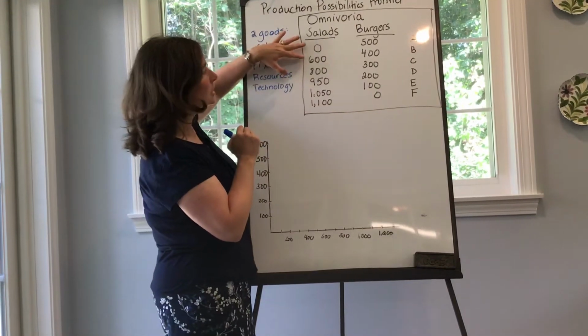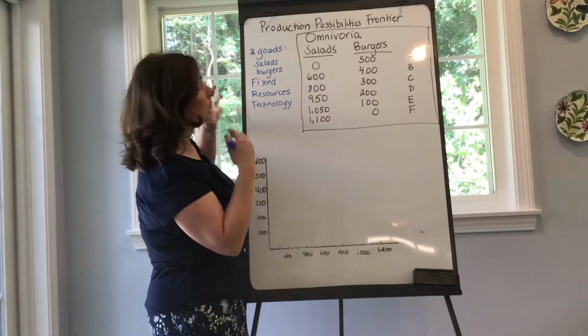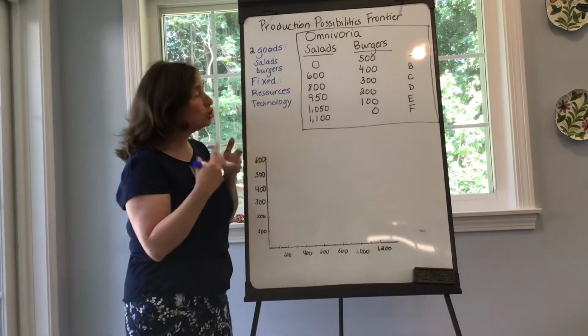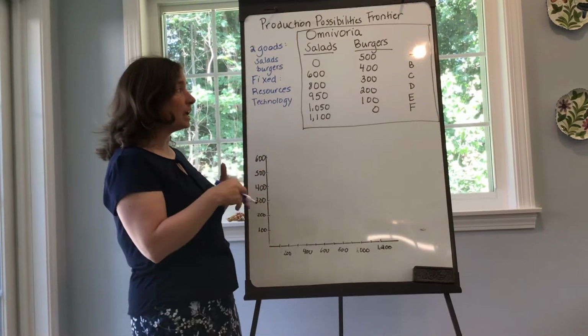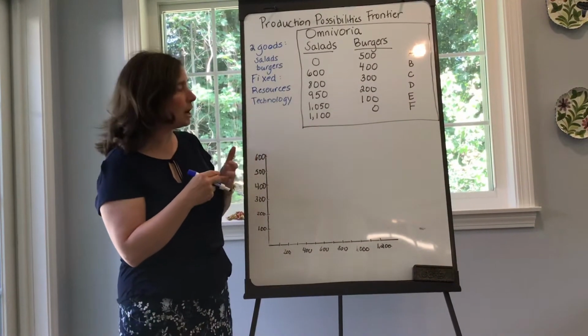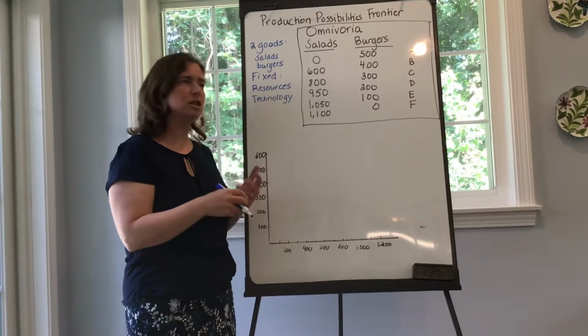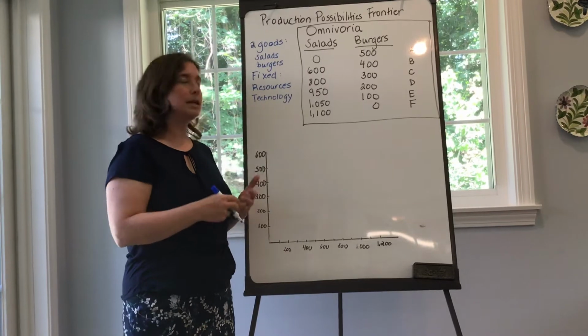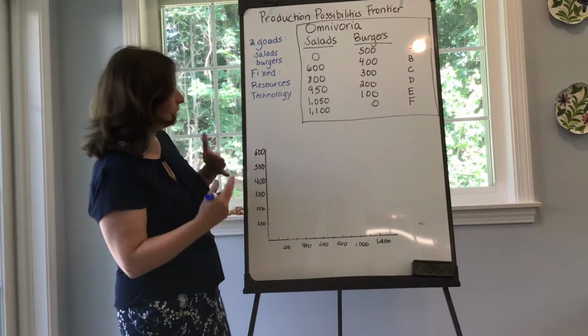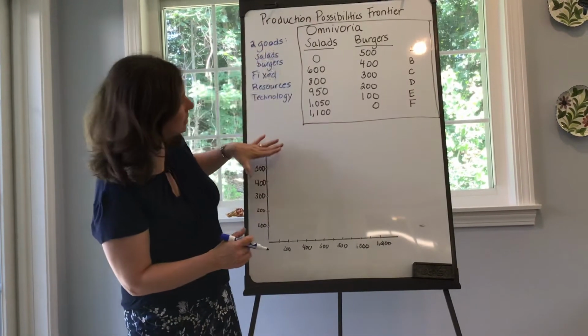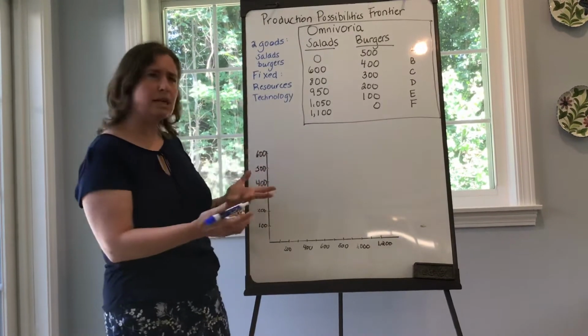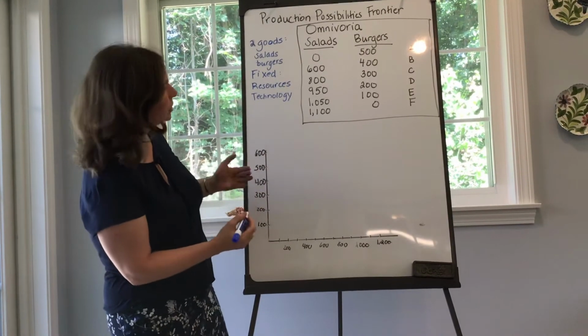However, that doesn't correspond to a constant or the same change in the number of salads. And we'll talk about that after we show this on the graph, but that's just going to illustrate this concept of rising opportunity cost. Okay, so why don't we go ahead and graph these combination points to get a sense of what our PPF looks like.